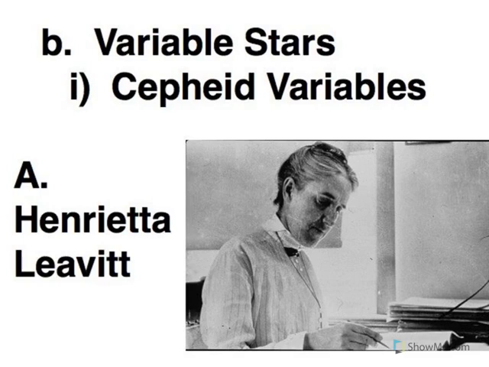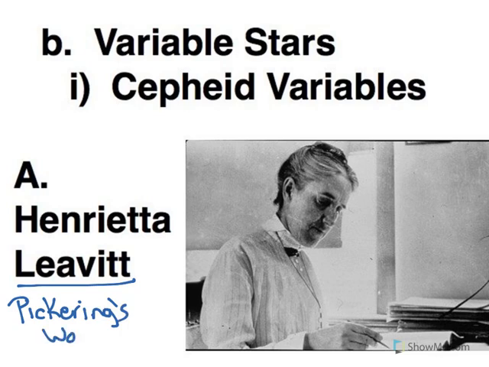The Cepheids were figured out by this lady, Henrietta Leavitt. She was one of Pickering's women, that same group that led to Annie Cannon. It also led to Henrietta Leavitt becoming a professional astronomer. She was studying stars in a nearby galaxy.